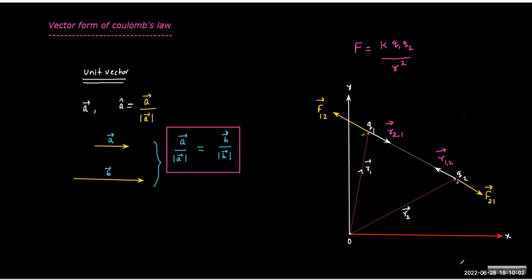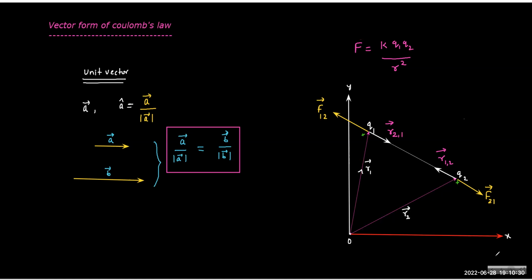It will just reverse the direction. The repulsion will turn into attraction. So they will no longer be repelling, rather they will be attracting. The arrows will switch. The F12 and F21 will switch. Like F12 will be this side, downward, and F21 will be upward, right?